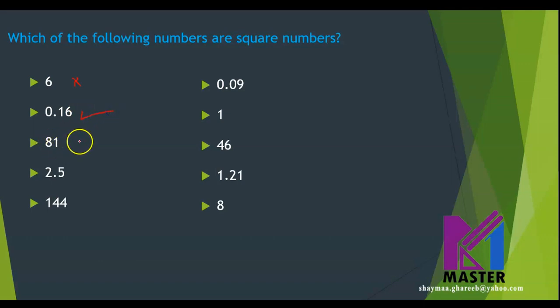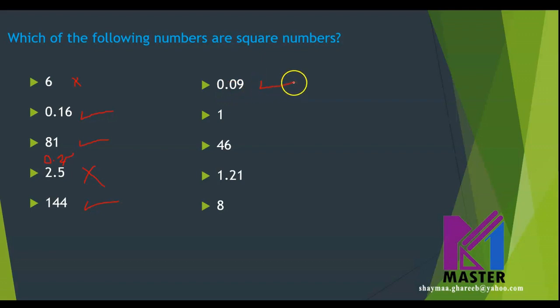What about 81? Yes, of course, it's the square number of 9. 2.5, is it the square number of 0.5? No, because the square number of 0.5 will be 0.25, not 2.5. So this one is incorrect. 144, of course, it's a square number of 12.